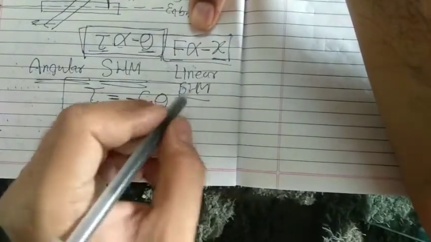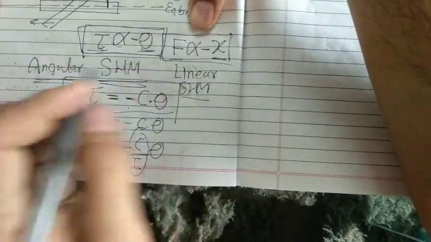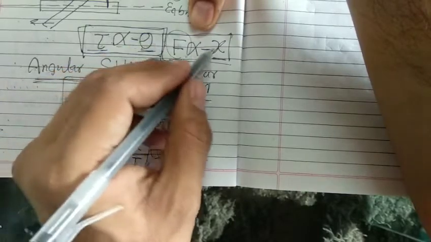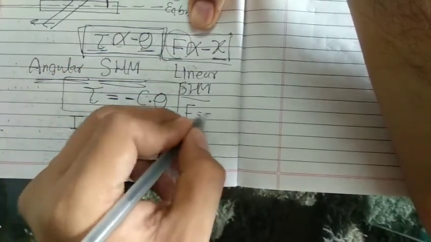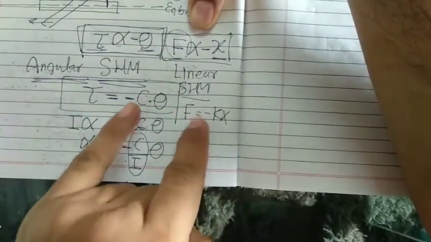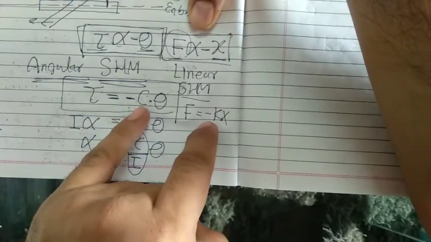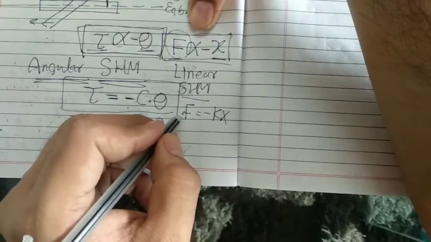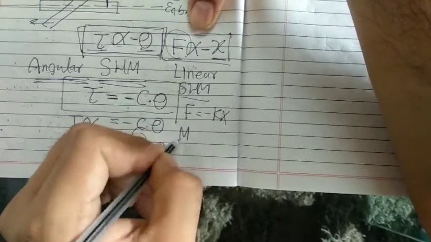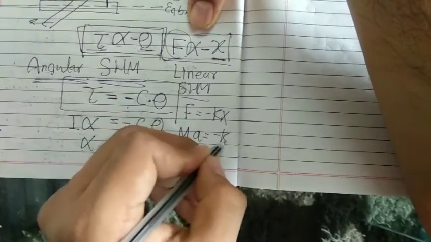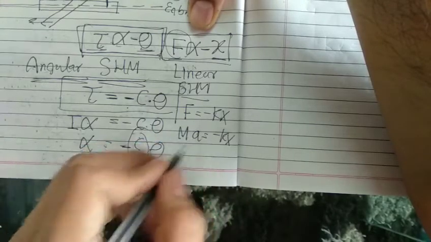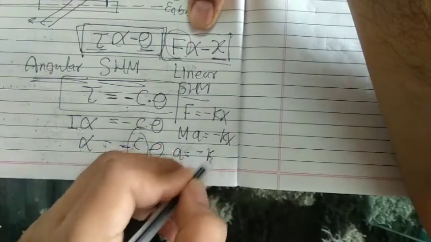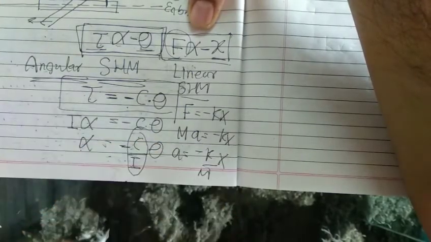Now, if I go with a linear SHM, you know that F is proportional to x. F equals minus Kx, we can write. These two formulas are similar to each other. Here, torque is written as I alpha. Similarly, in linear SHM, F can be written as Ma. Passing M to the other side, acceleration is given by minus K by M into x.